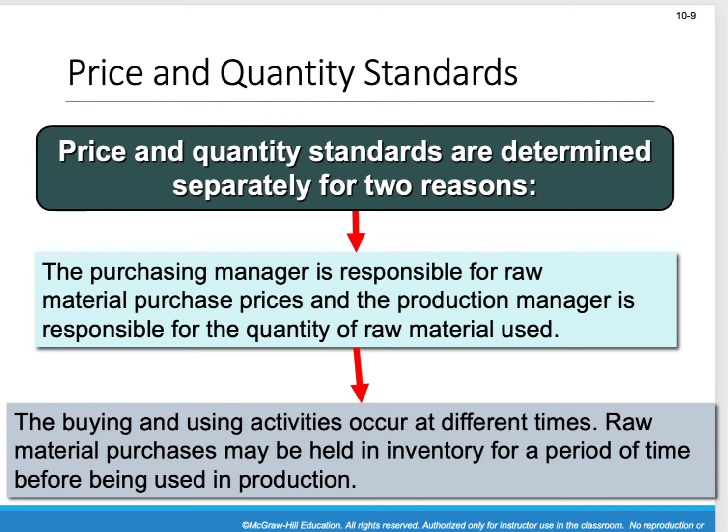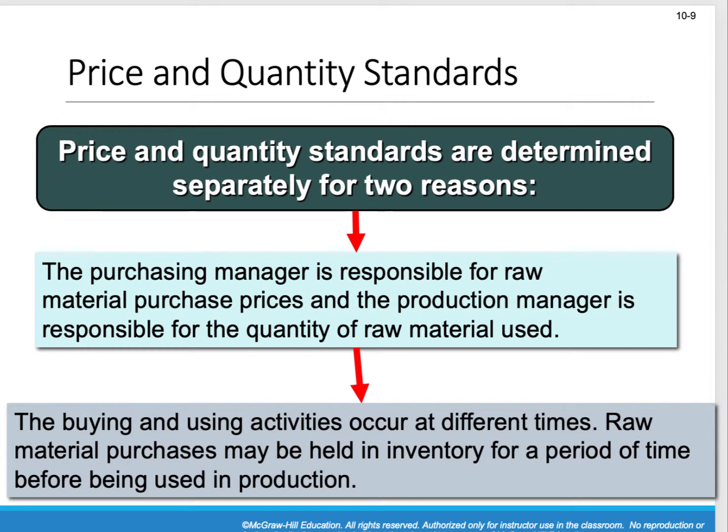Let's take direct materials, for example. We have the production manager who's responsible for actually using the raw materials, and then we have the purchasing manager who's responsible for buying it.